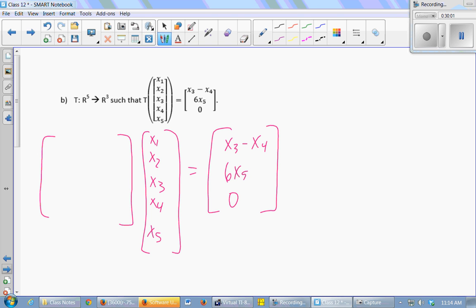How many rows do I have in this thing? 3. So this is going to have to be a 3 by 5 matrix, right? Because when I multiply by a 5 by 1 vector, I get a 3 by 1.